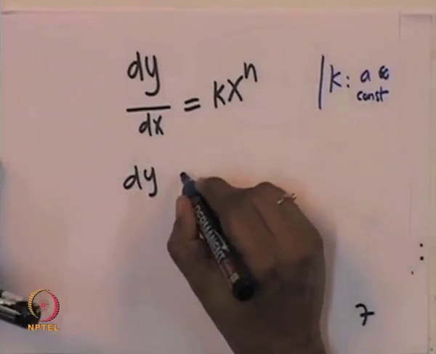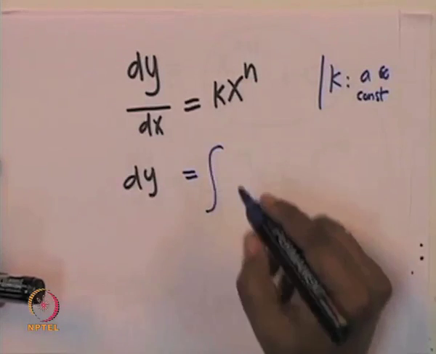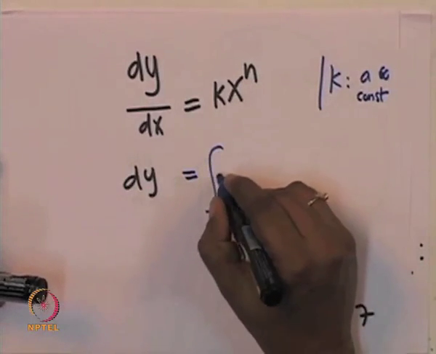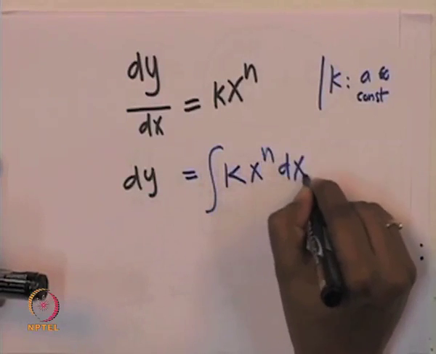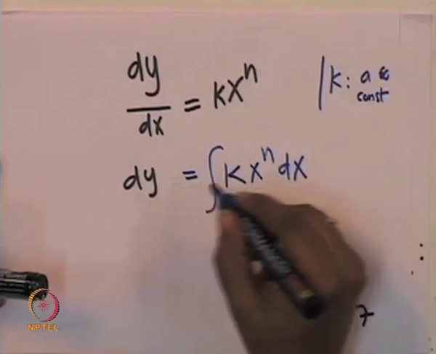So, dy is k x power n dx, sorry, there is no integral.